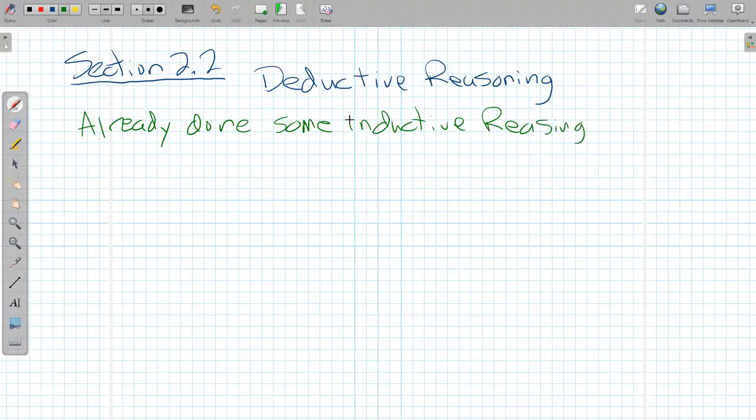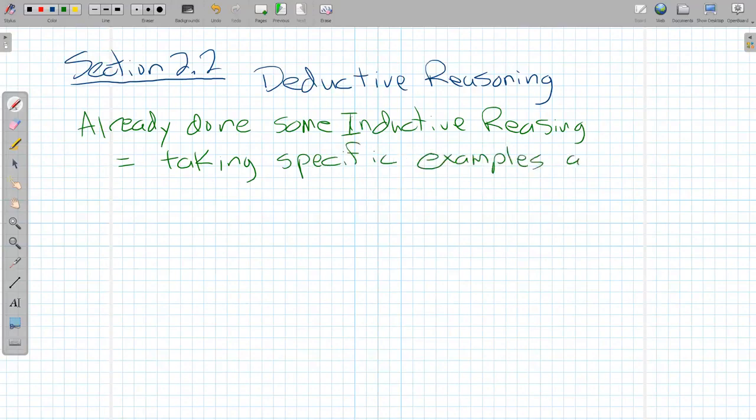So inductive reasoning is taking specific examples and coming up with general conclusions.